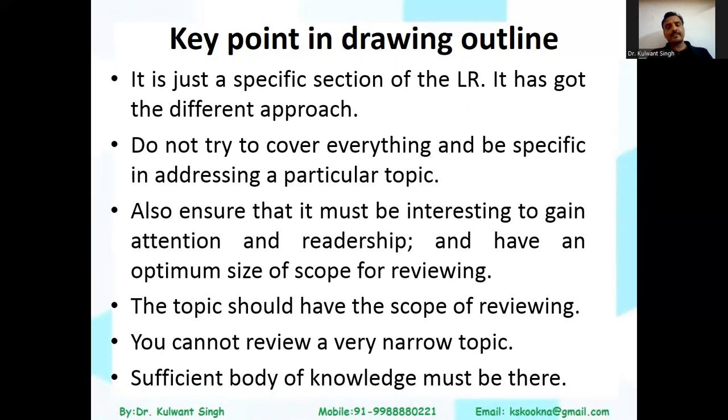Sometimes researchers select a very narrow topic, so it is very difficult to find papers and literature on that particular topic. So our topic should be broad enough that we can get sufficient literature or information on that particular topic to analyze or synthesize the information.